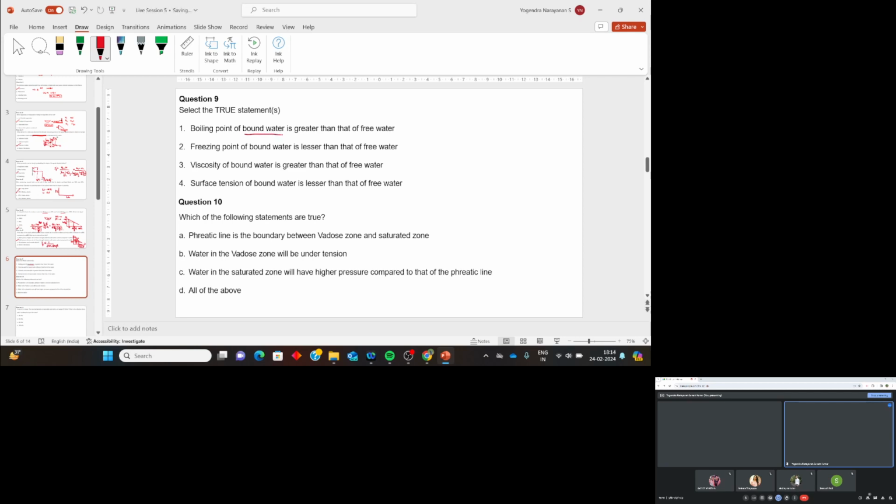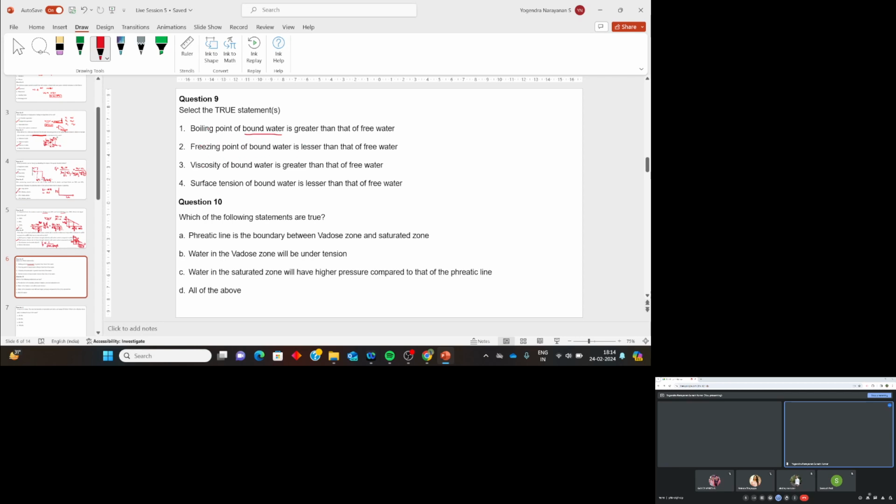And in case of freezing, since the attractive force is higher, we need more energy, or we need to go to a lower temperature to remove the energy from the bound water to make it freeze.